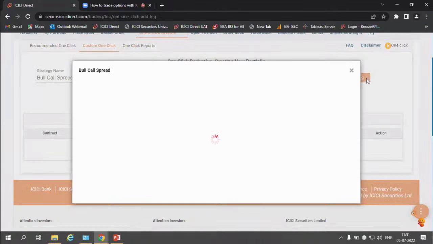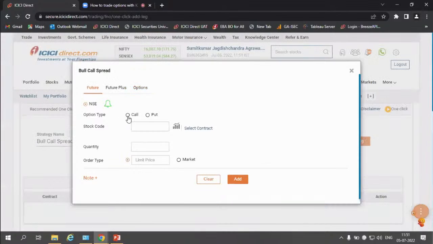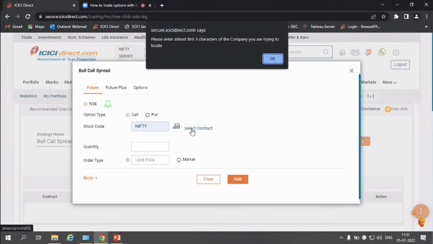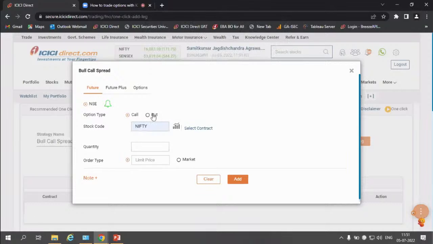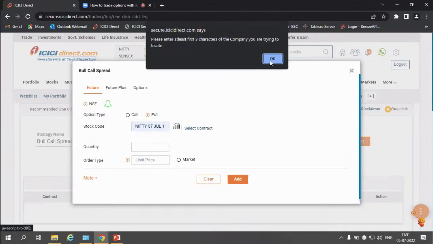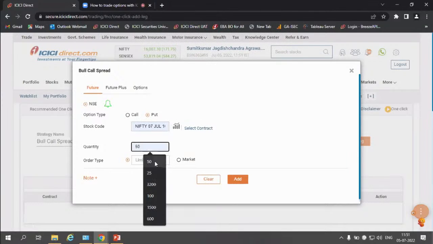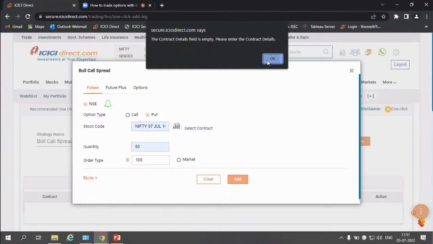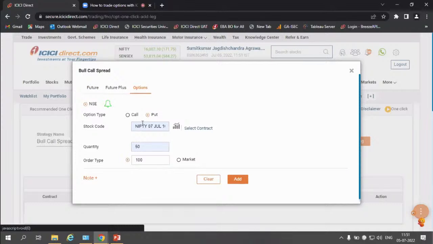All you have to do is just come here, add some stocks of your choice. Nifty, select contract. I have done that. $50 limit price, let's say 100, and like, it's not happening at the moment for some reason.